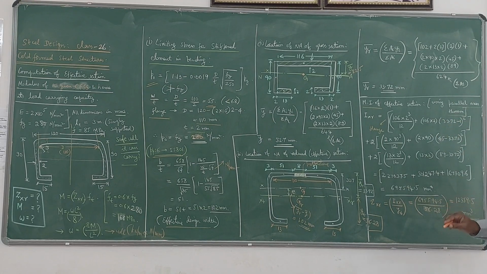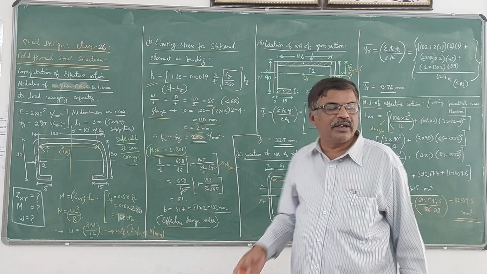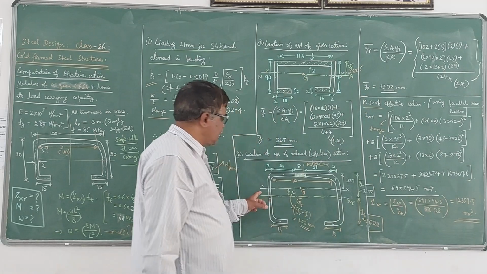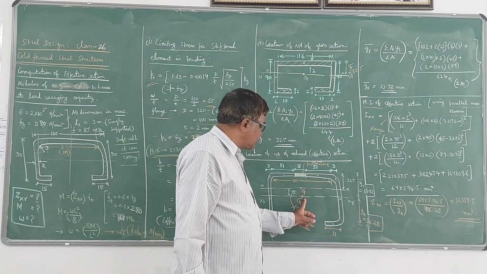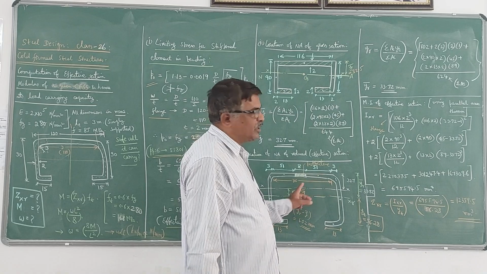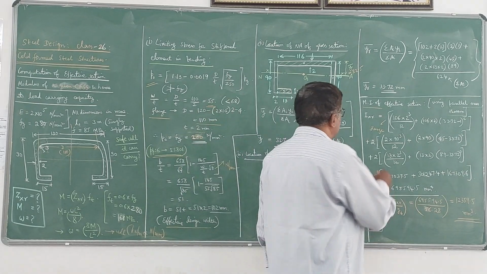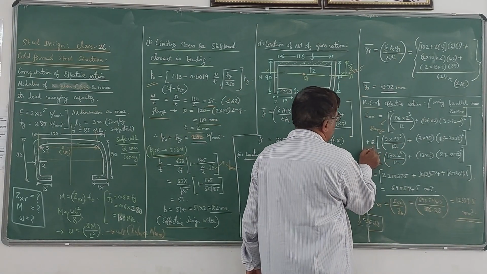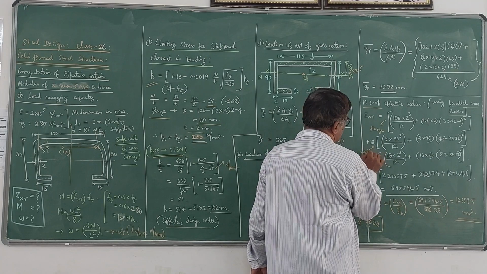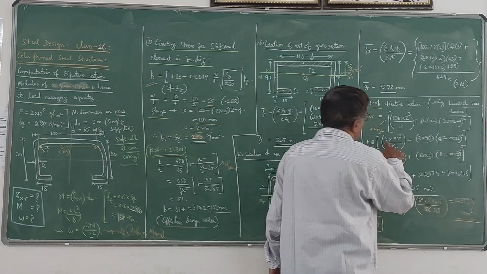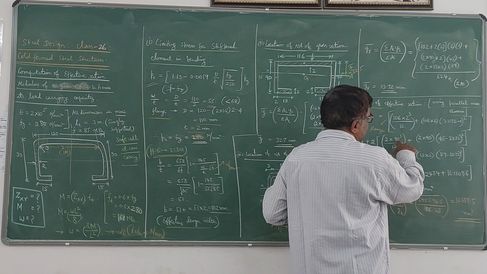Y1 is the distance between the centroid of the effective section and the centroid of this flange portion. Similarly, for the web portion, there are two webs here, that is why we take 2 into that. So the width of the web is 2, depth is 90.